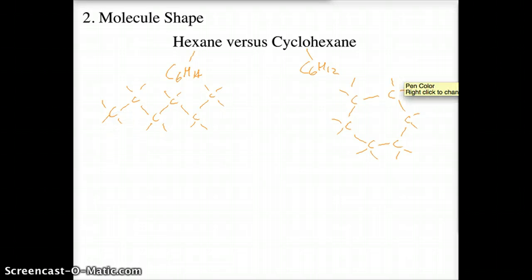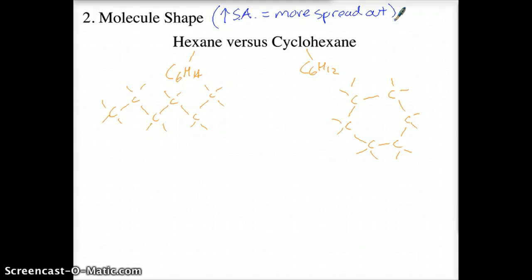We learned that if you have increased surface area, the molecule is going to have more London dispersion forces. Another way of thinking about that, increased surface area equals more spread out molecules, less compact. Molecules that kind of take up more space. So which one of these molecules takes up more space? Which is more spread out?